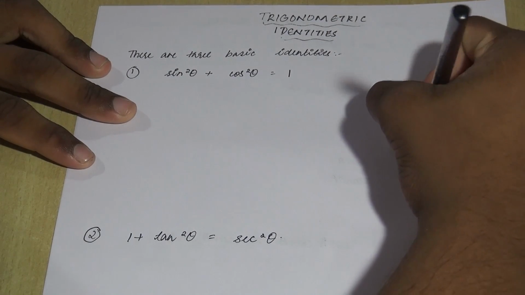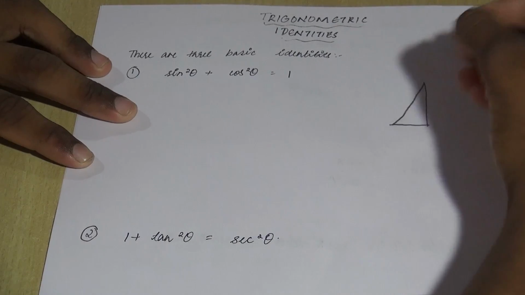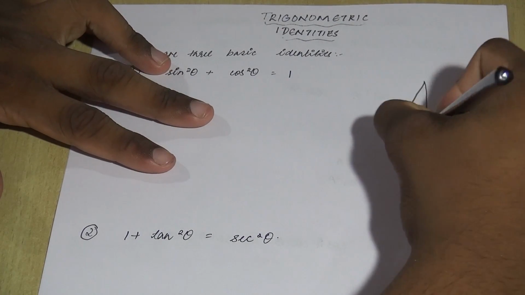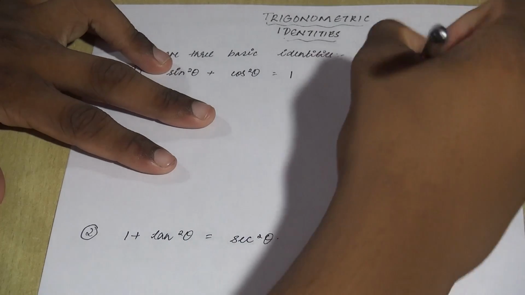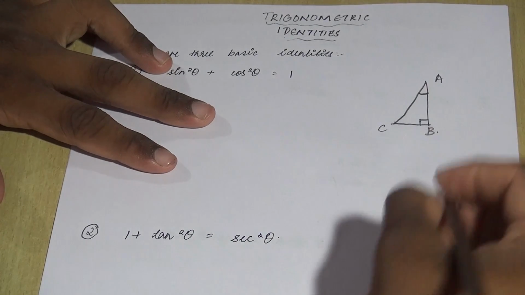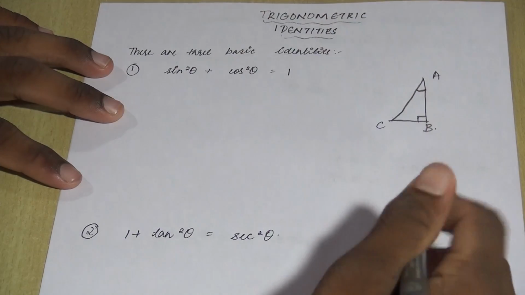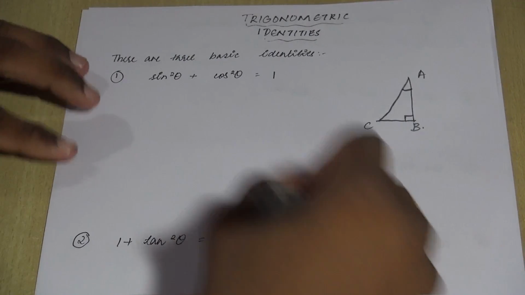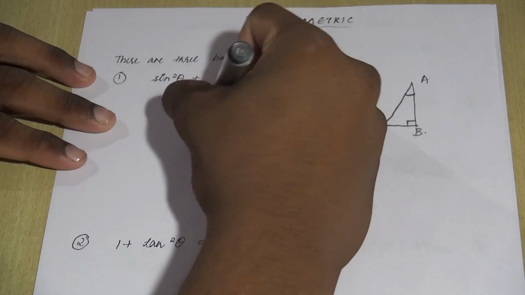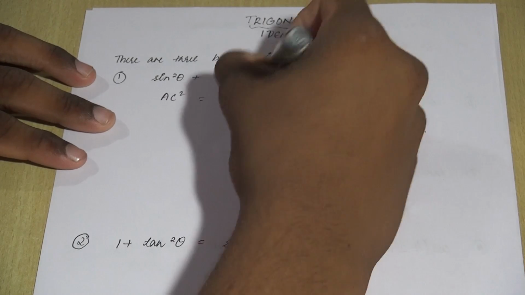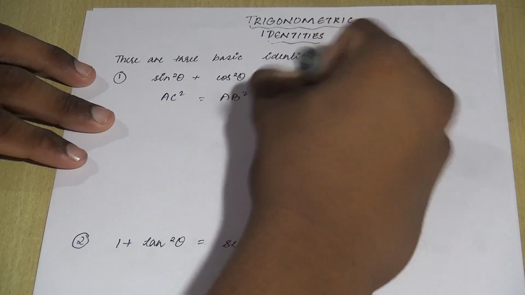So for that we are going to be drawing a triangle, right angled one. Right angled at B. So this is B, this is C, and this is A. We're going to take ratios of A. So now we have, by Pythagoras theorem, AC square is equal to AB square plus BC square.